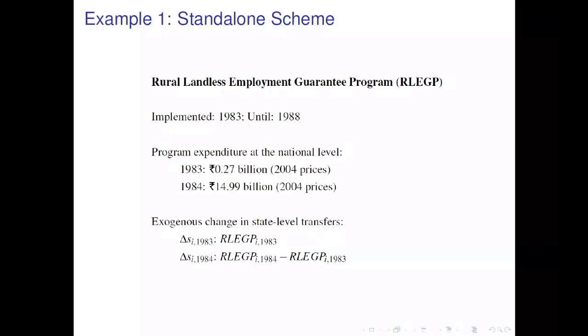The program expenditure at the national level was 0.27 billion rupees in 1983, and then it expanded to 14.99 billion by 1984. What's the exogenous change in state level transfers? It's the expenditure in the year 1983 and the difference between 1984 and 1983 because this was implemented in phases.